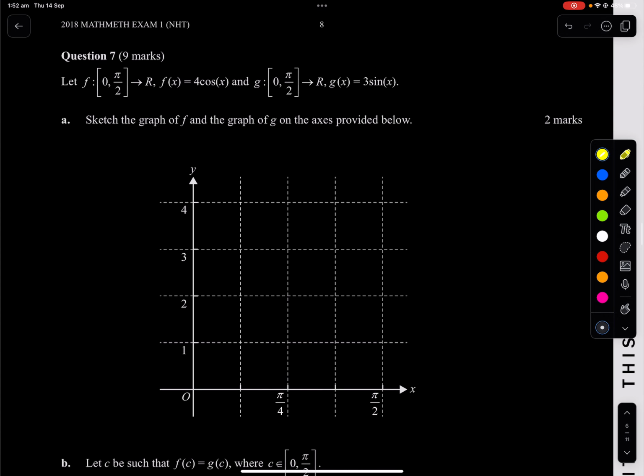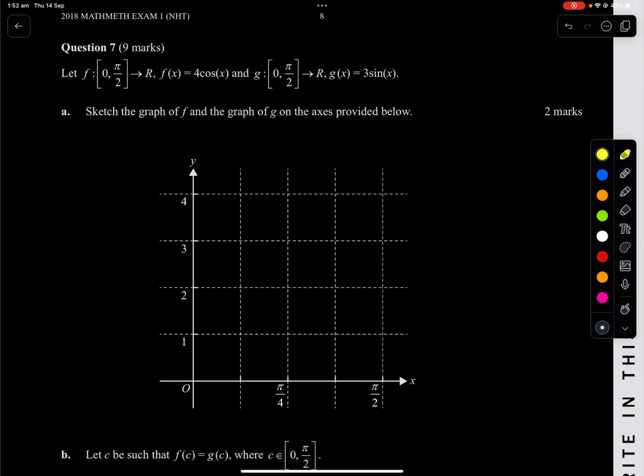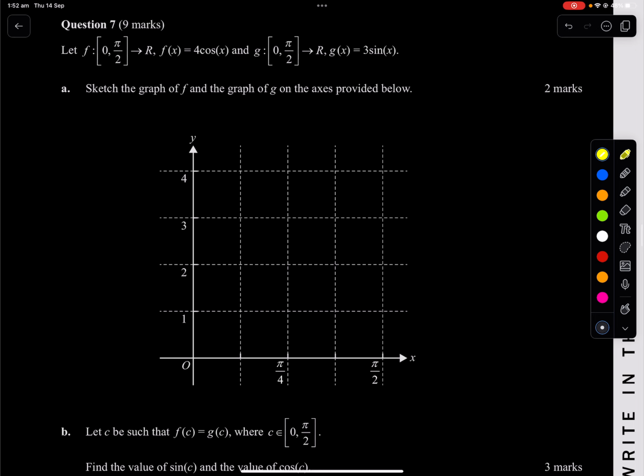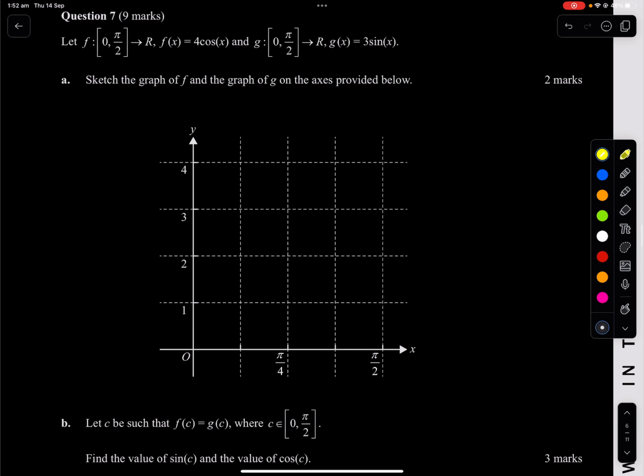Question 7. So 0 to pi over 2, f of x is this, and g of x is this. Okay. Sketch the graphs of f and g on the axis below. Okay. So, well, the first one, f of x, is just what? Well, it's a cos graph. So it happens here, and it touches the x-axis here.